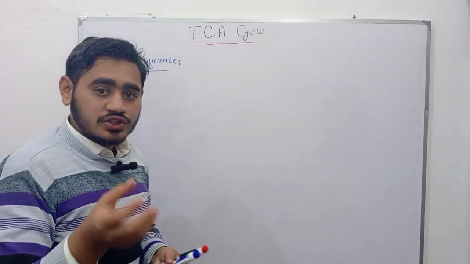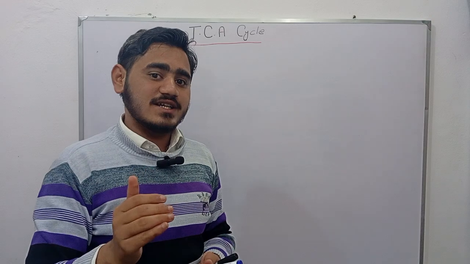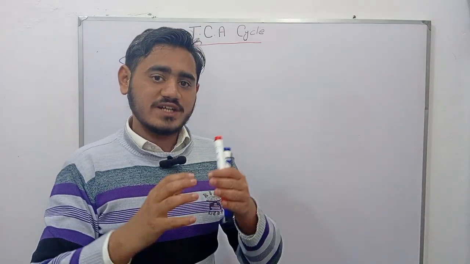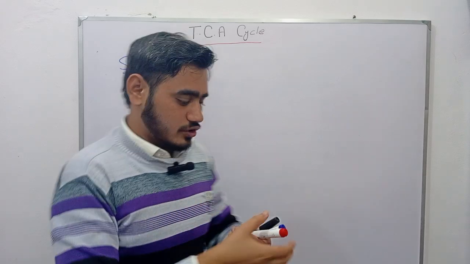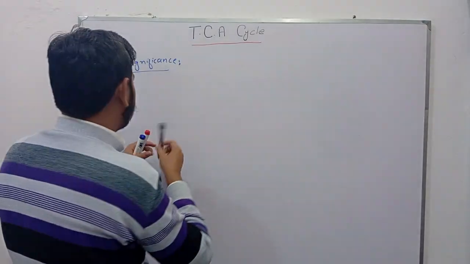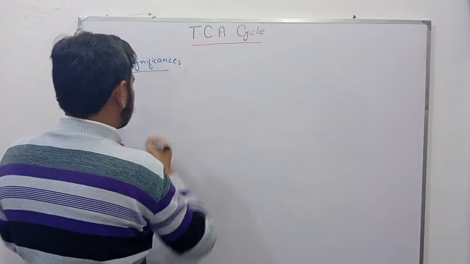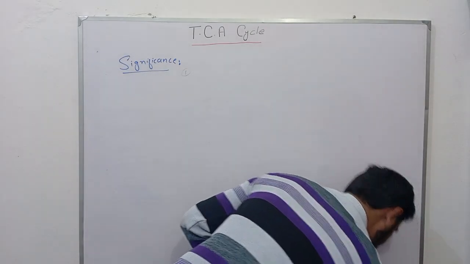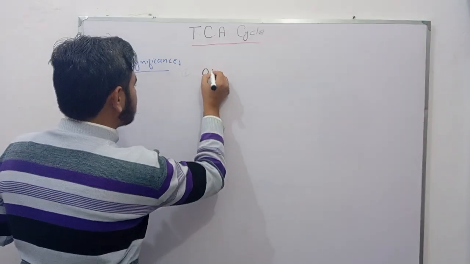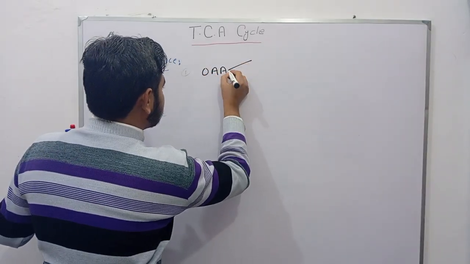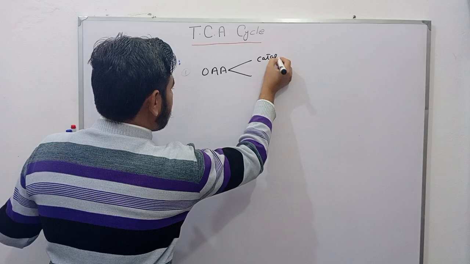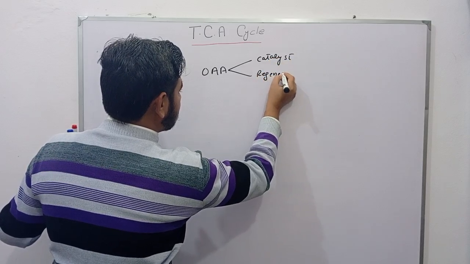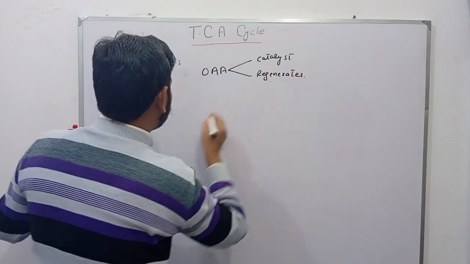Friends, oxaloacetic acid acts as a catalyst in this cycle, and it also gets regenerated in this cycle. So the first significant point is that oxaloacetic acid acts as a catalyst, and also it gets regenerated in the TCA cycle. This is the first significant point.